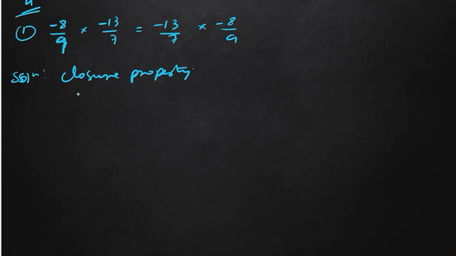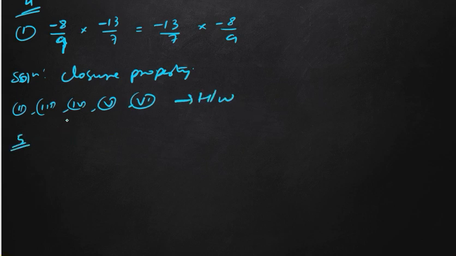There are 7 properties of rational numbers already discussed. Match them and see which property is being used. Questions 2, 3, 4, 5 and 6 will be homework.